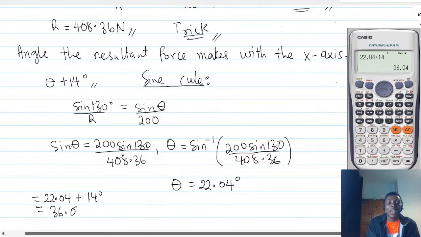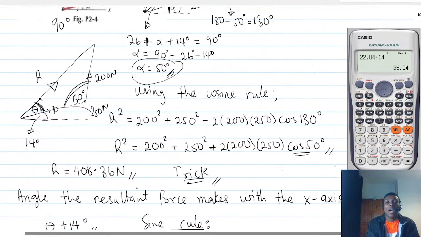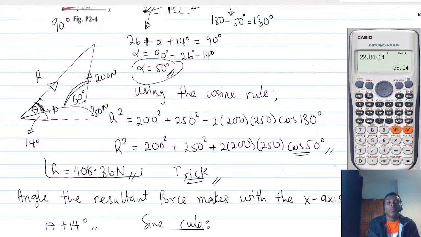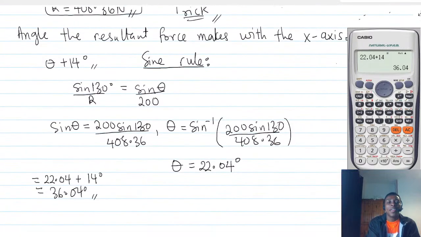And so that is the angle. So this question has been solved. Now we have the resultant force R, and we also have the angle which the resultant force makes with the x-axis, and that is 36.04.